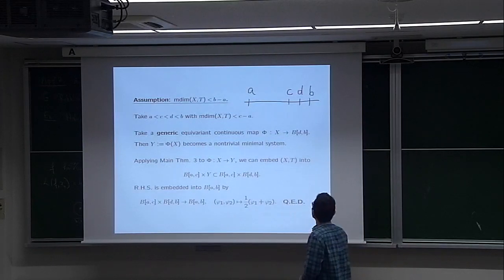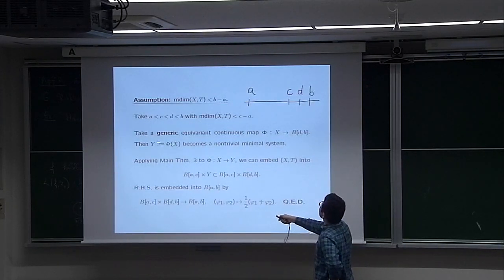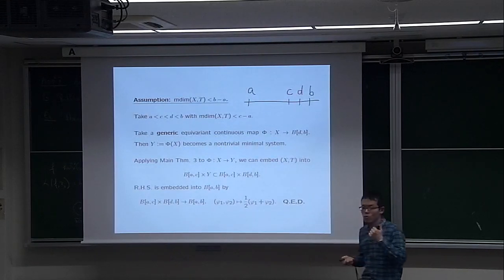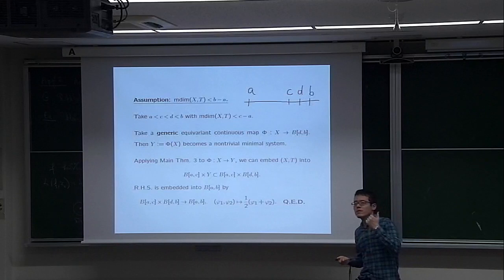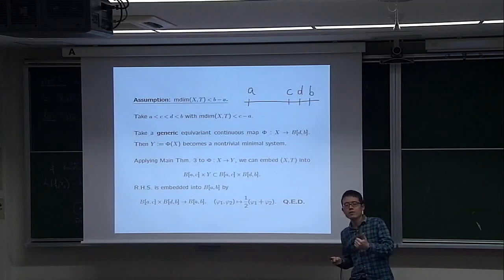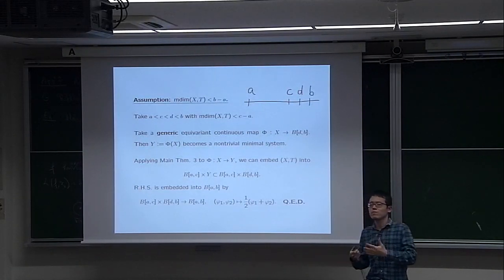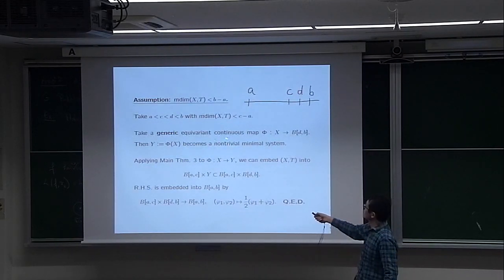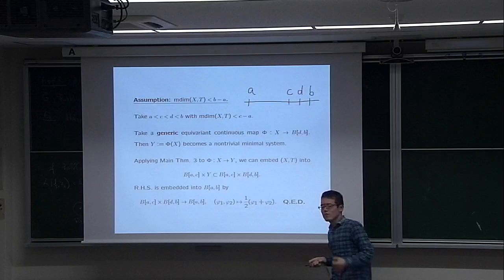Please don't ask about it. Then we can check that the image Y becomes a non-trivial minimal system. Here, the point is non-trivial. The factor of a minimal system is always minimal. This is trivial. But sometimes it becomes a finite set, so we want to exclude such a case. But if we take a generic map, then it becomes a non-trivial minimal system. We can check that.